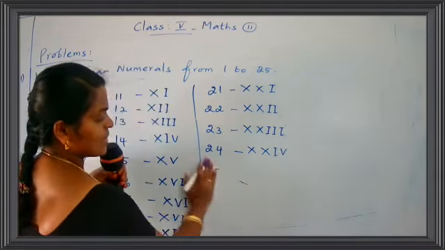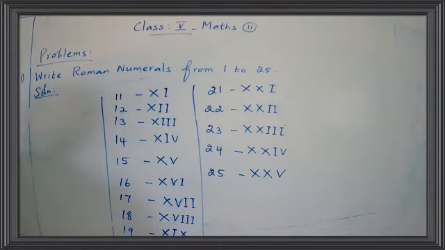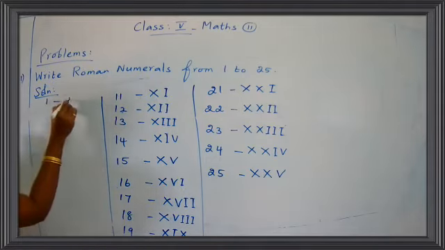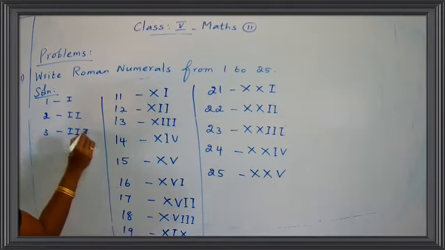Then after you write the question, write Roman numerals from 1 to 25. Write fast. Write neatly, children.